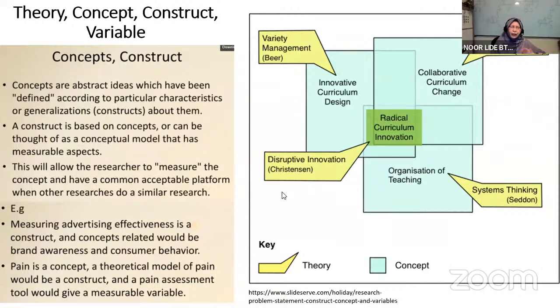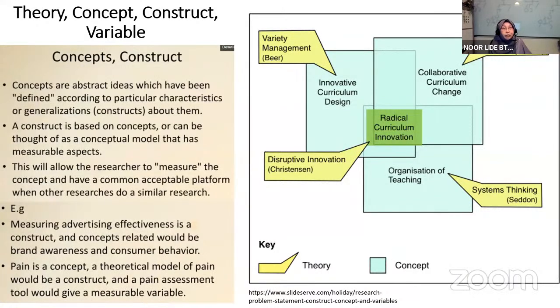So theories are quite straightforward. All right, theories are quite straightforward. Concepts. When we talk about anything, it can be a concept. As I said, a design is a concept. Teaching is a concept. Learning is a concept. So how do we define those concepts, right?